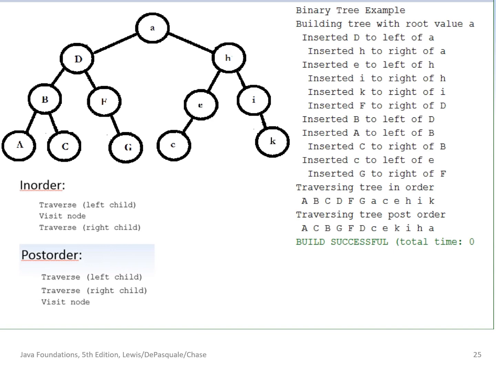So I've also included the recursive in order and post order sequences in the lower left hand corner of this slide for you to take a look at. And I promise you I will show you the code next, or in a very short period of time.